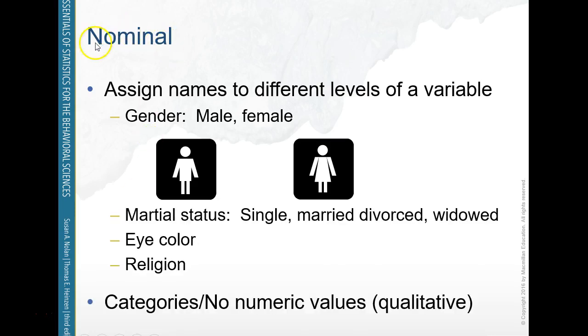Nominal, you can also think of as named categories. This is when you assign names to different levels of a variable, and people fall into named groups. There's actually no numbers associated with a nominal variable. So if I wanted to study eye color of, I don't know, students, maybe I think eye color is related to your personality.